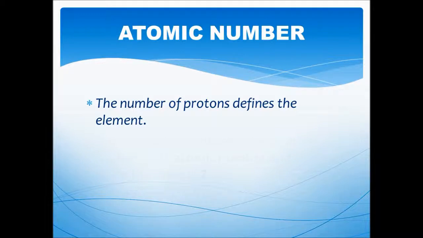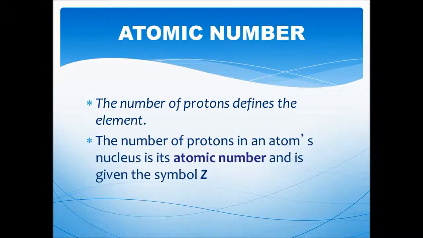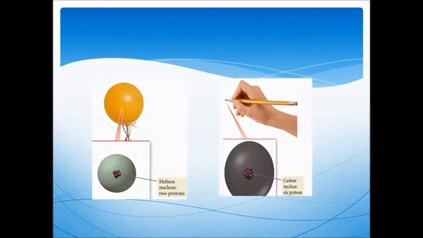The number of protons in an atom's nucleus is what we call its atomic number. And we give this atomic number the symbol Z. So for example, inside the nucleus of helium are 2 protons, whereas in the nucleus of a carbon atom are 6 protons.